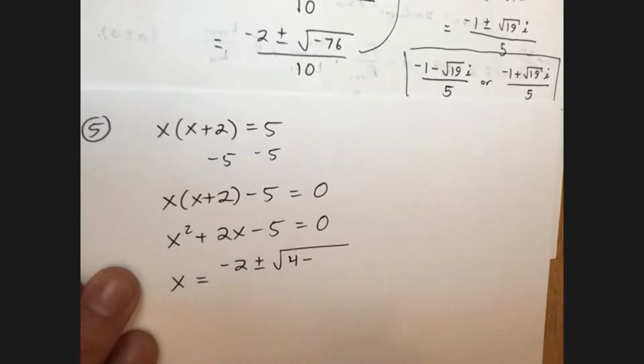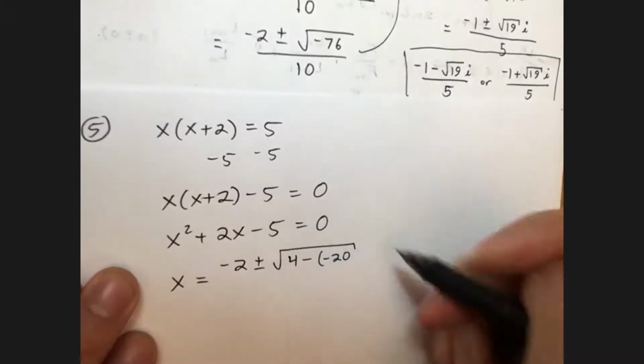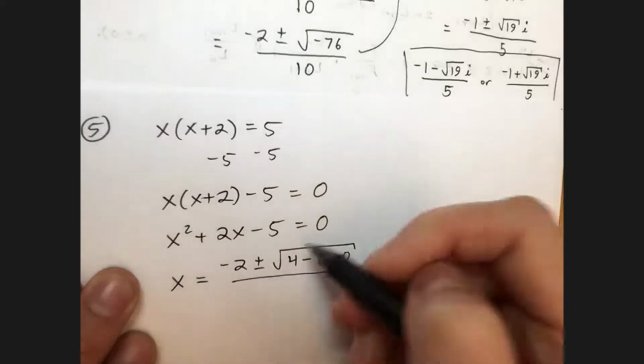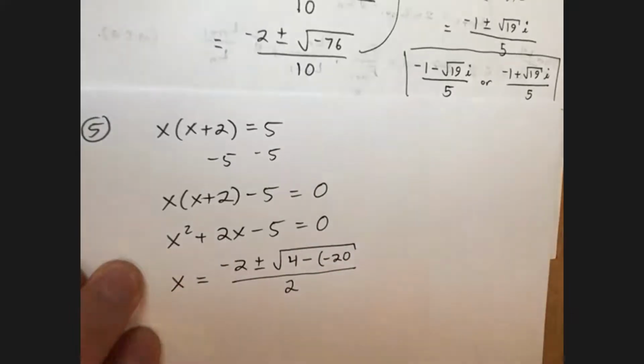So 4 times 1 is 4, times negative 5 is negative 20. Be a little careful here with the double negatives. Make sure you keep those straight. Over 2 times a. Well, a here is 1, so it's just over 2.